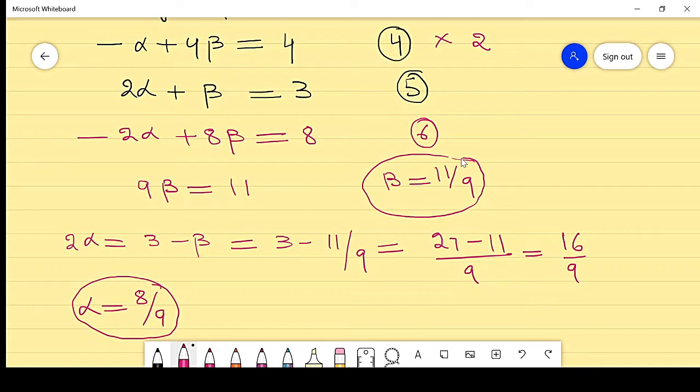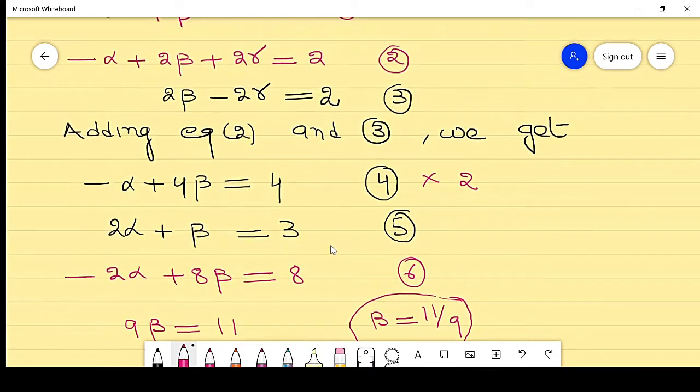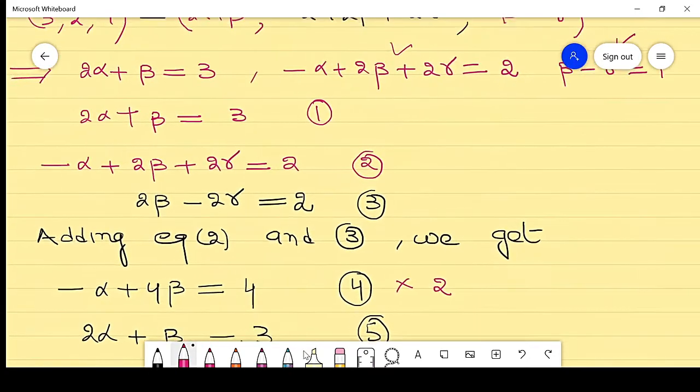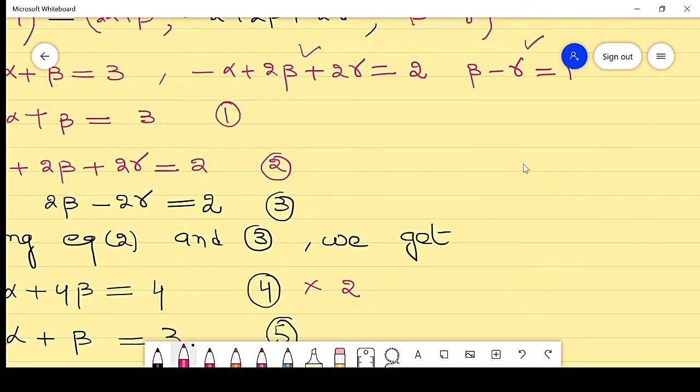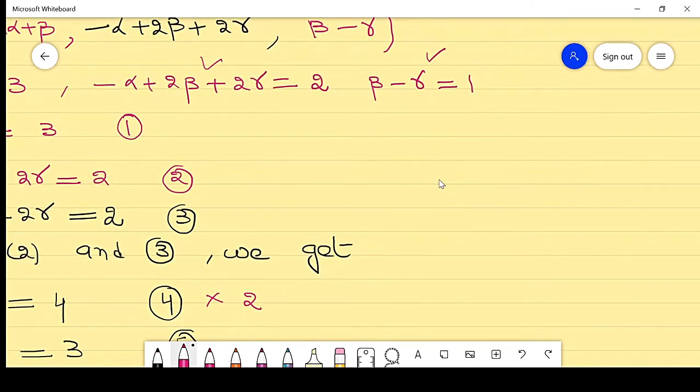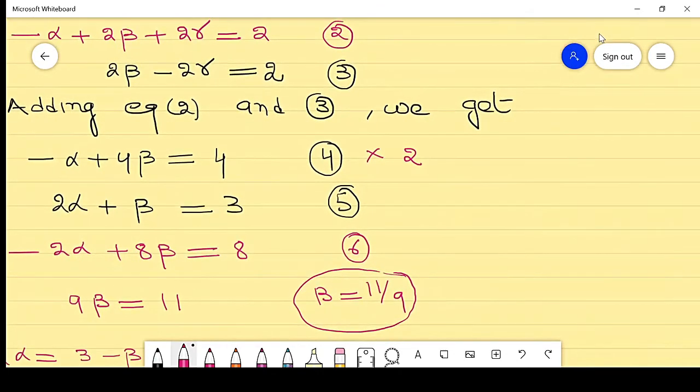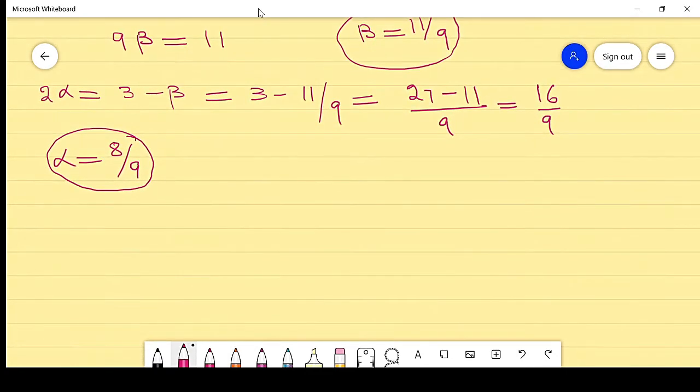So our requirement is the third, which is gamma. So how can we find gamma? Gamma can be found from this equation: beta minus gamma equal to 1.